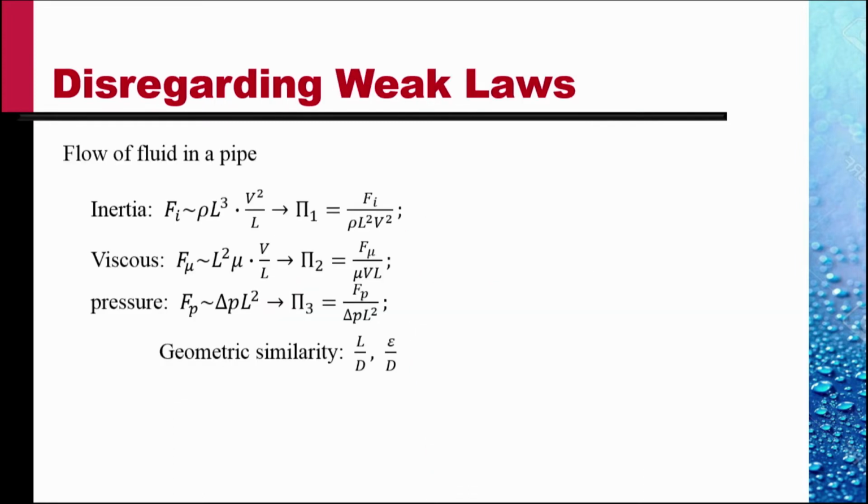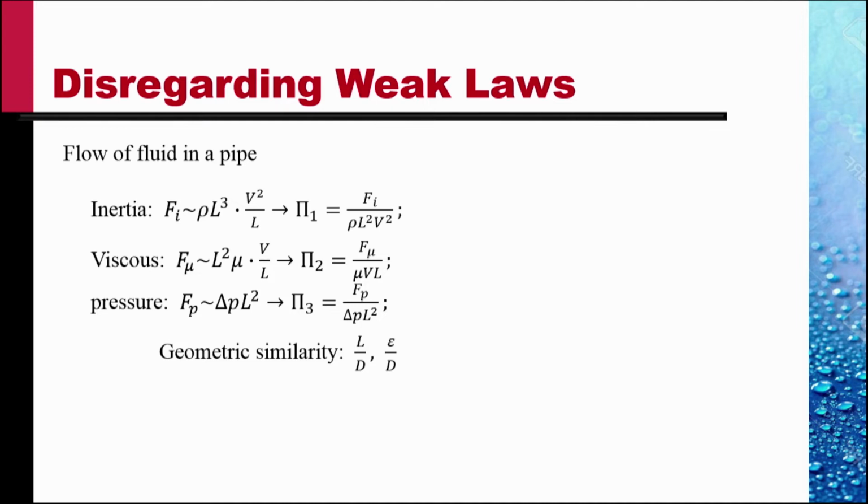Let's give some examples. We had considered the flow of fluid in a pipe. Three force laws are important: inertia, viscous, and pressure. As we have done a number of times, we can write the pi numbers for these three forces.